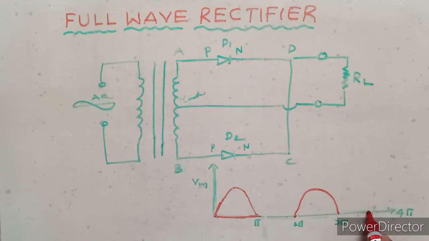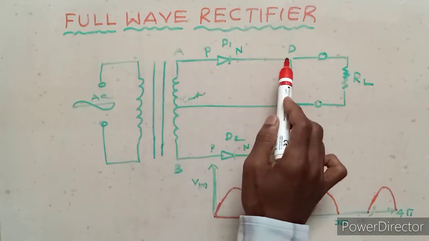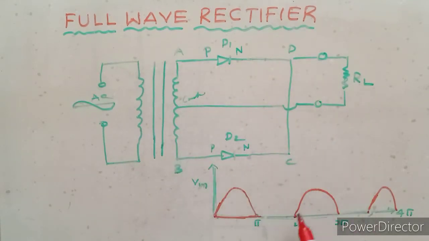In reverse bias, it does not flow. And the same here: A is the positive potential, C is the negative potential. So this is the positive potential. Current is not allowed in reverse bias. Forward bias allows current. Reverse bias does not allow.